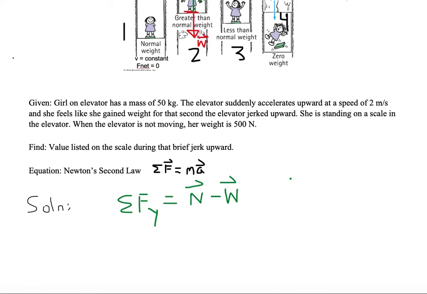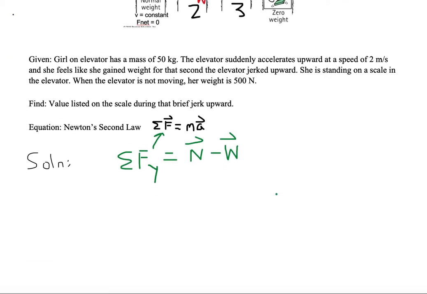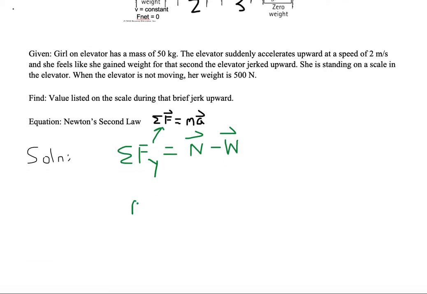We have no other forces. So now we substitute this into Newton's second law equation. We have normal force going up minus the weight is equal to the mass times the acceleration.